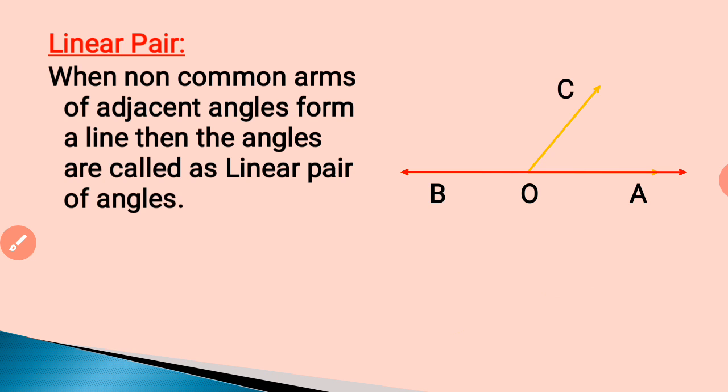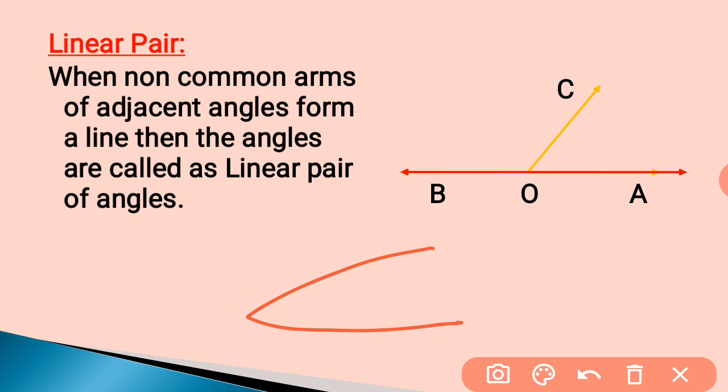When the non-common arms of adjacent angles form a line, then the angles are called a linear pair of angles. So they are adjacent angles. You have studied about this type of adjacent angles, this and this.